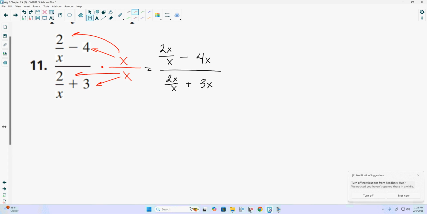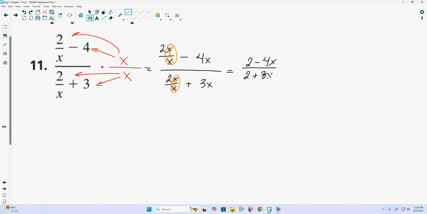And as much as we want to cross out the 2x over x and 2x over x, because of the minus and the plus, they're stuck together. We can't just cross them out. But here the x over x will reduce, and here the x over x will reduce, leaving us with 2 minus 4x over 2 plus 3x.